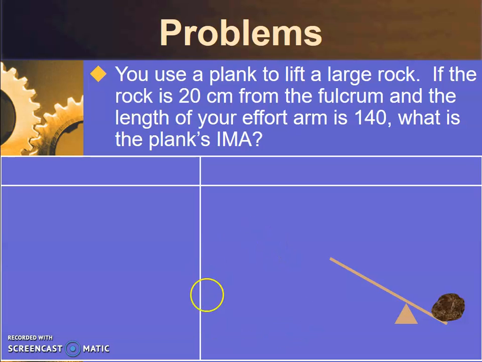We are using a plank to lift a large rock. The entire length is 160 centimeters because the effort arm is 140 and the rock is 20 centimeters from the fulcrum. So this distance is 20.